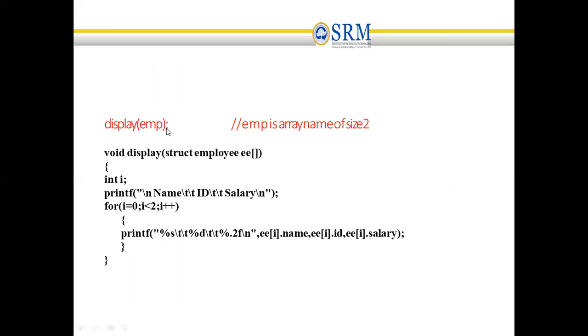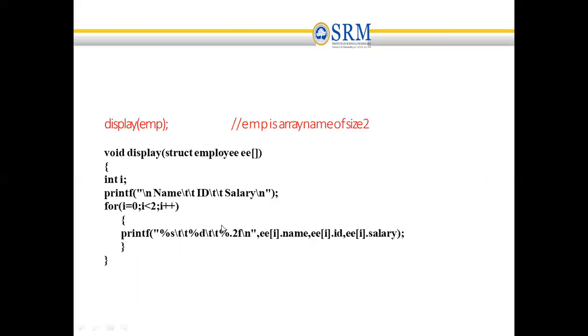I'm not going to have any square brackets here, as the compiler already knows that emp is an array of structure. In the receiving function, the called function, in the formal arguments, I'm going to have the array's type: the struct, my own data type employee.